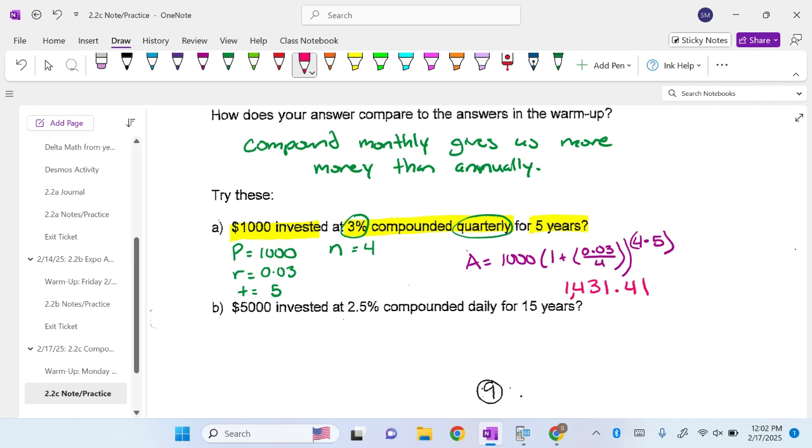Did anyone get something different? Yeah, that was what I got initially. You may just have put something wrong in your calculator, Tomas. It may just have been one sign messed up. So yeah, it should be $1,161.18. That's an approximate estimation of what we get.